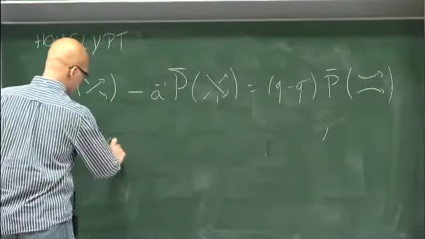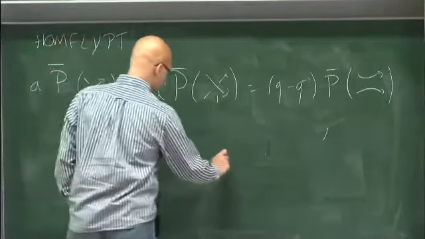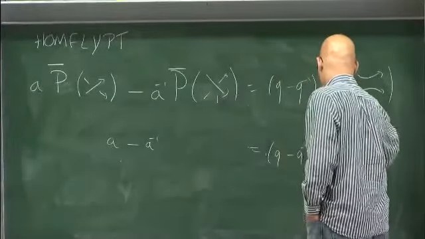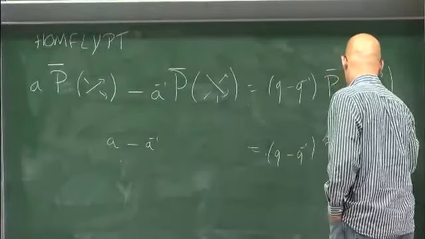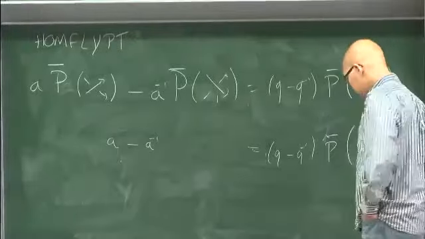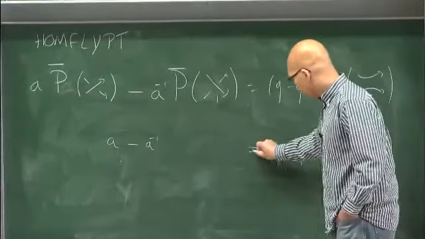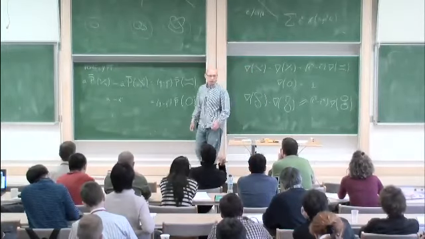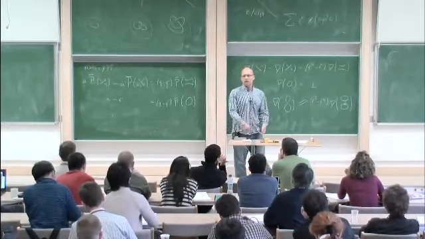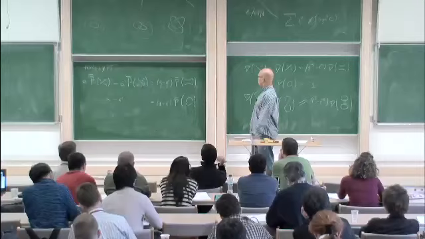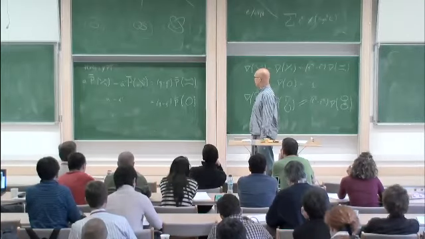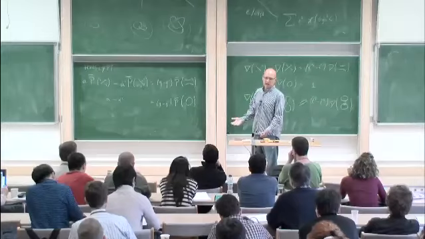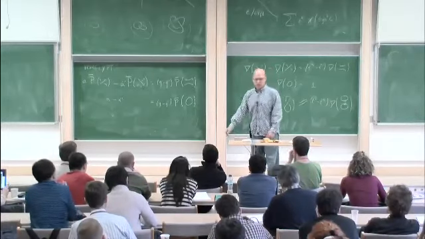And I'm going to make this slightly unfortunate choice, perhaps. Okay, that's the HOMFLY polynomial. It's not clear there's any sort of definition, but it turns out it is, that there's a unique function on knots which obeys that cut and paste relation.